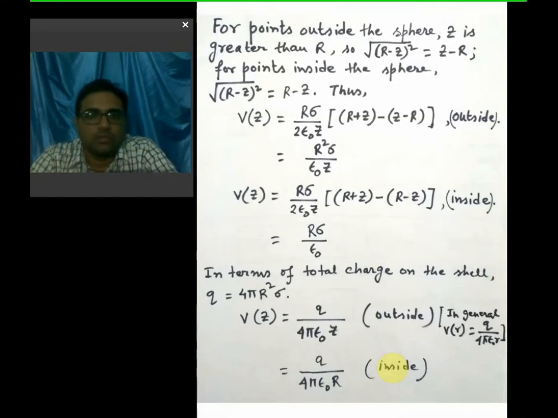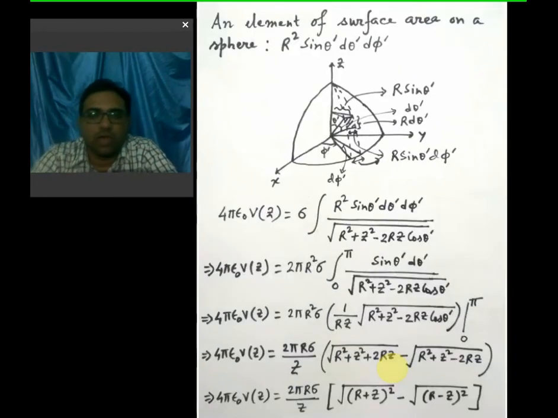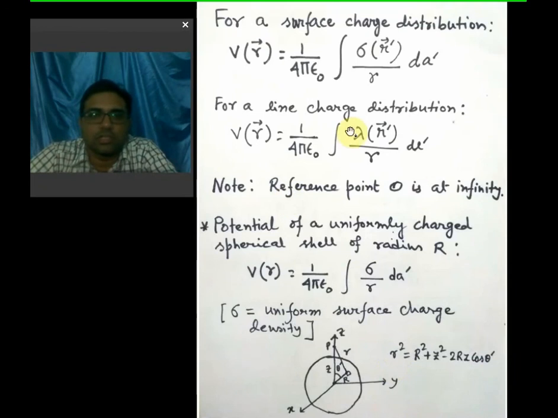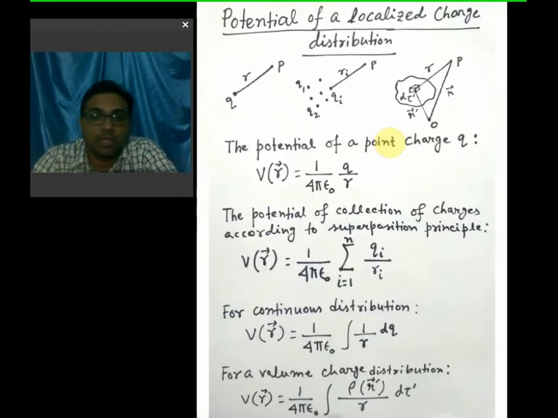Now if you want to find the potential for a linear charge distribution, in that case you have to consider this form. If you want to find the potential due to a volume charge distribution, then you have to consider this form.